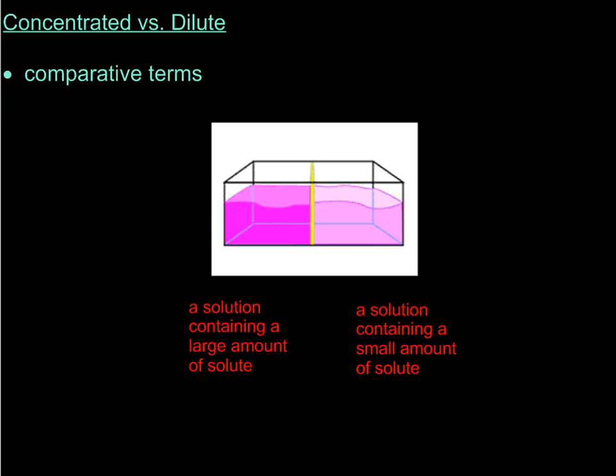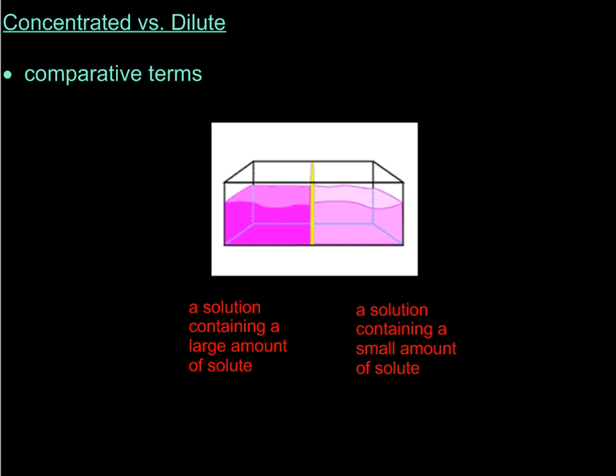So there's two things you can do to make a concentrated solution dilute. Well, the easiest thing that you can do to make a concentrated solution dilute is to add water, add solvent. So if you were to add water to this concentrated solution, it would become more dilute.